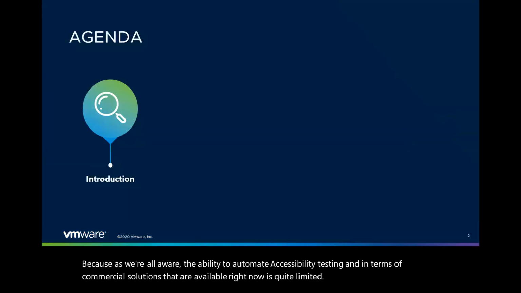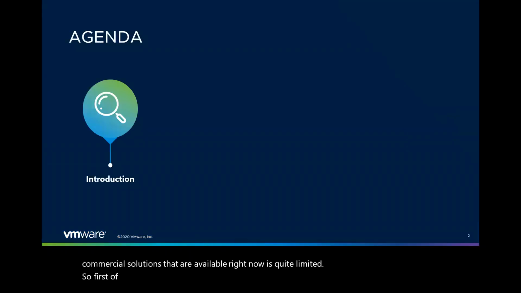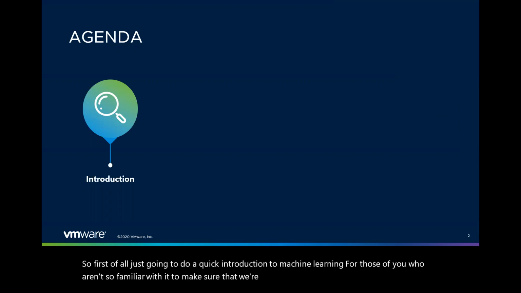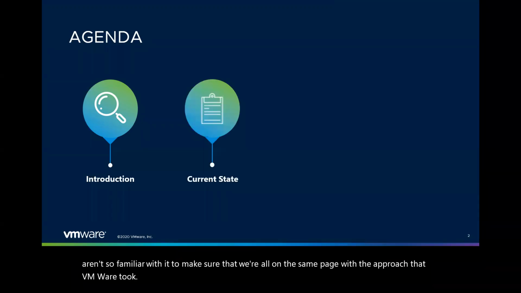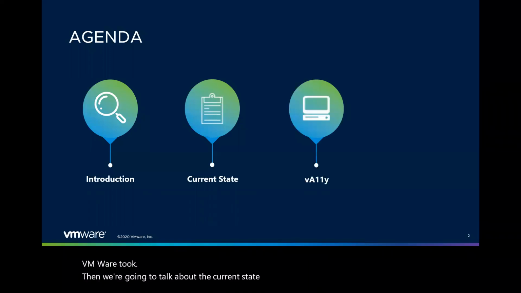So first of all, just going to do a quick introduction to machine learning for those of you who aren't so familiar with it, to make sure that we're all on the same page with the approach that VMware took. Then we're going to talk about the current state of accessibility testing. We'll talk a little bit about vAlly.